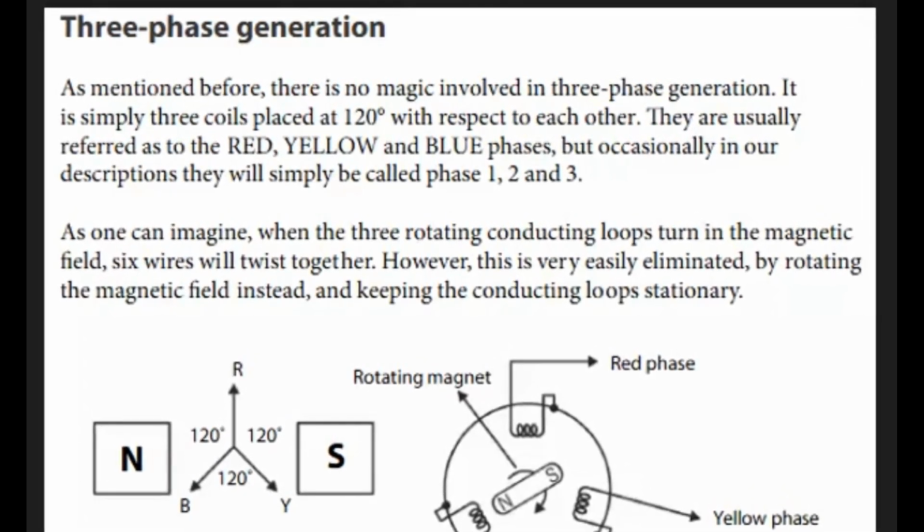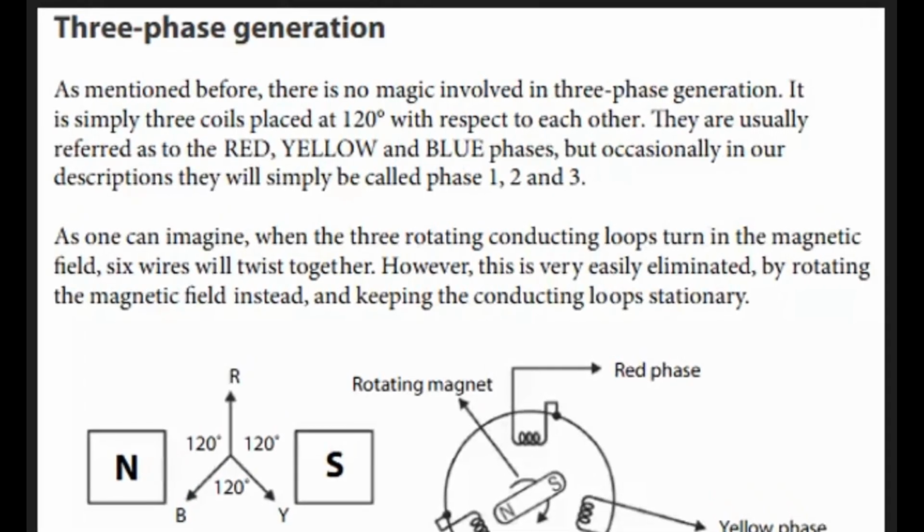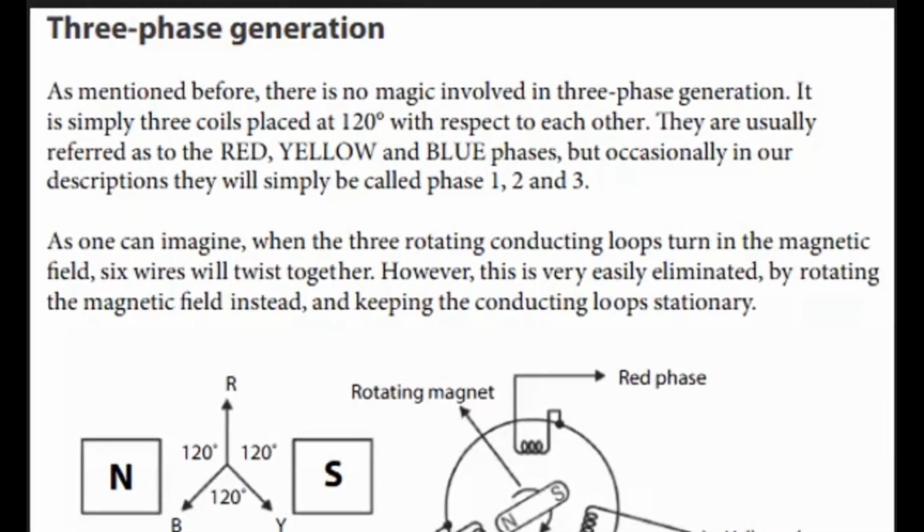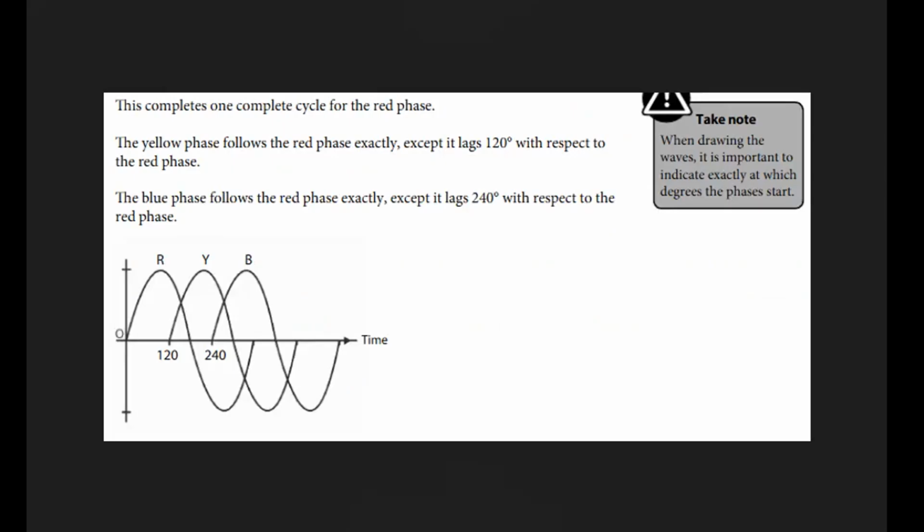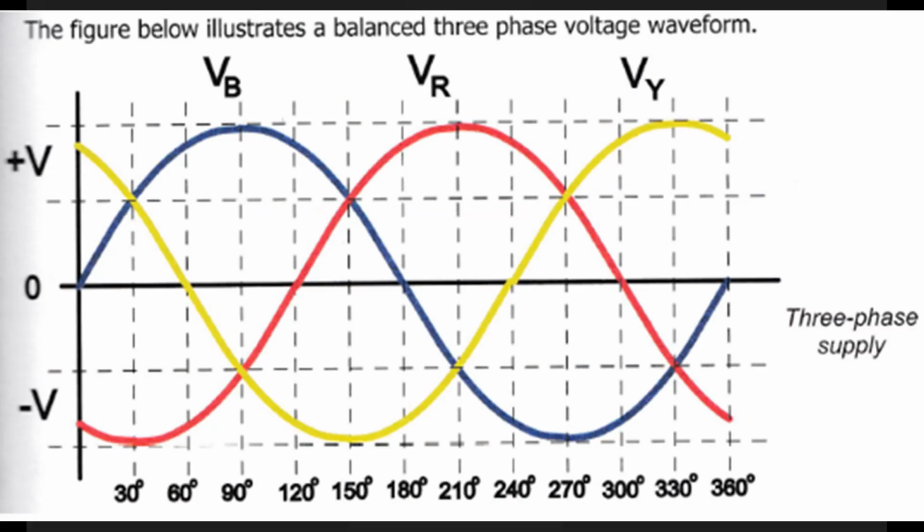Notice here with three-phase, they are placed 120 degrees apart from each other. The yellow phase follows the red phase exactly, except it lags 120 degrees with respect to the red phase. The blue phase follows the red phase exactly, except it lags 240 degrees with respect to the red phase.